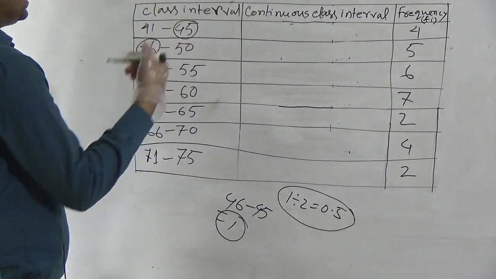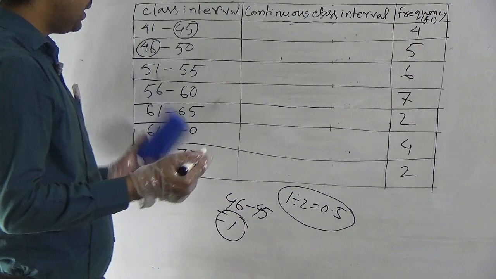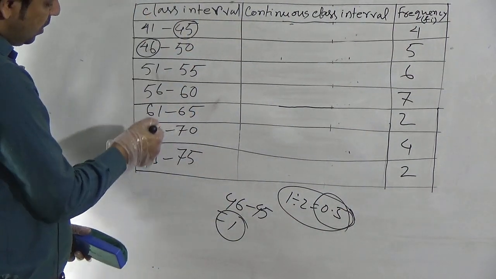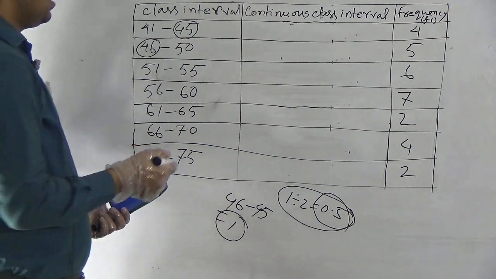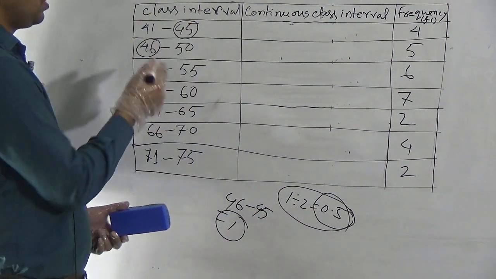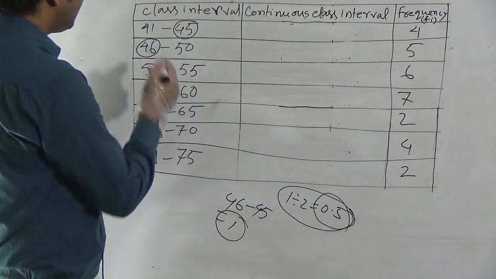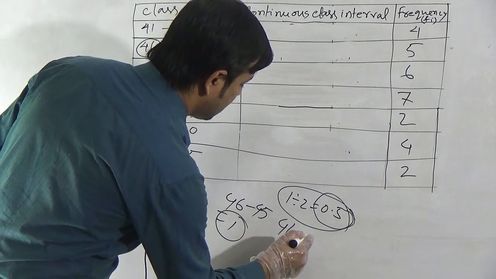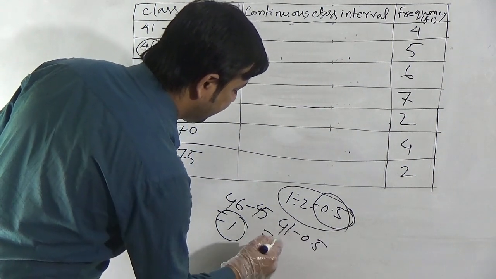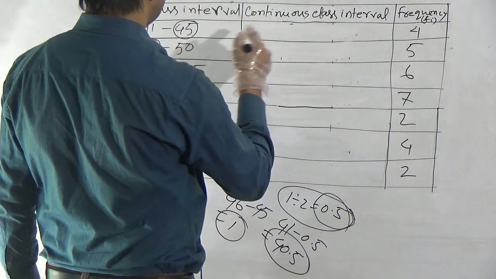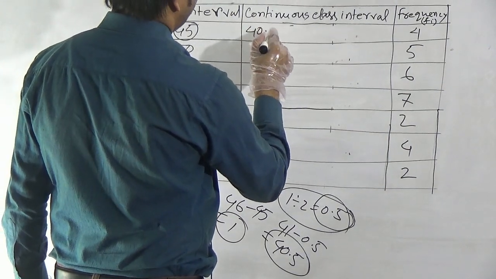To make the continuous class interval, always we have to subtract this 0.5 from the lowest numbers, and we have to add this 0.5 with the highest number. So continuous class interval will be, if we subtract 0.5 from 41, we will get 40.5. This will be the smallest number of first class.